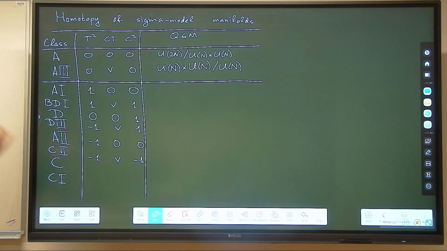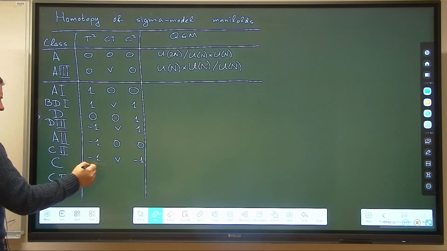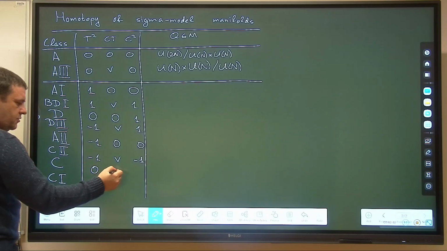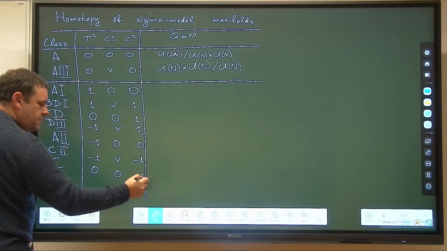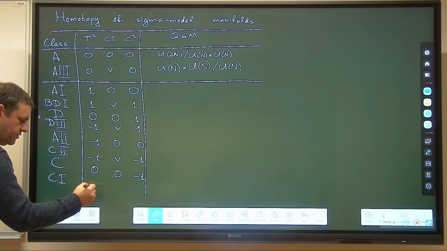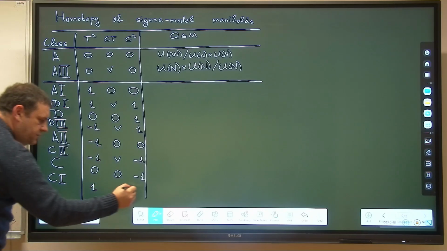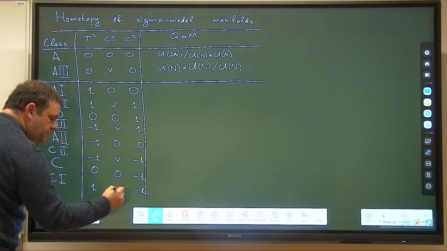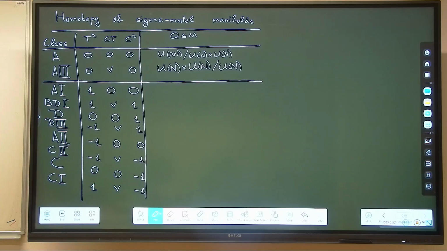Class C, another superconducting unitary, no, -1. It's like D, but with -1. Class C1, superconducting orthogonal, +1, -1, and density symmetry. I ordered these classes in a very specific way just because it looks nice in this table.